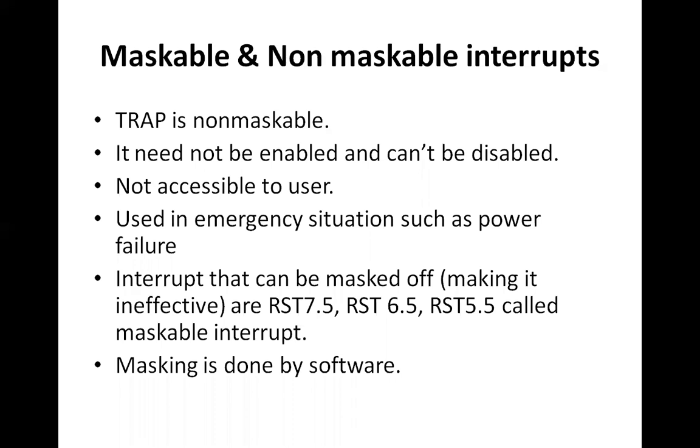The device connected through RST 6.5 should not interrupt. The device connected through RST 5.5 should not interrupt. So by writing a certain instruction in the program, we can disable, we can mask the RST 7.5, 6.5, and 5.5, because these are the maskable interrupts.